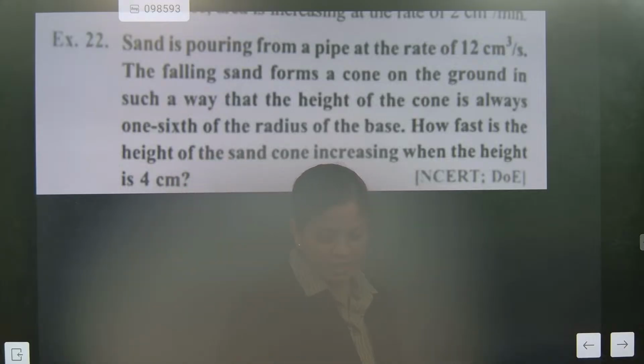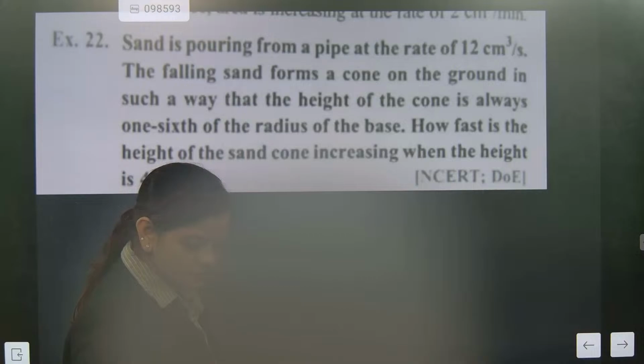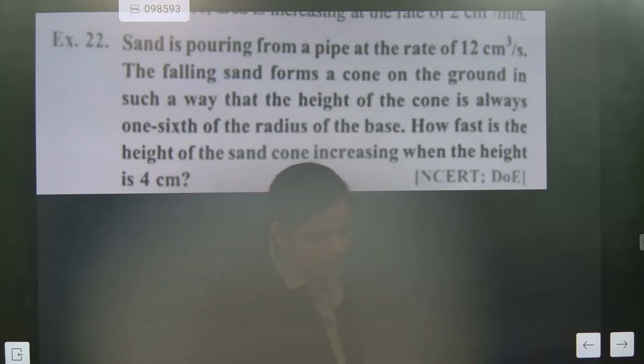Will you be able to read the question? Can you guide me that you are able to read the question?